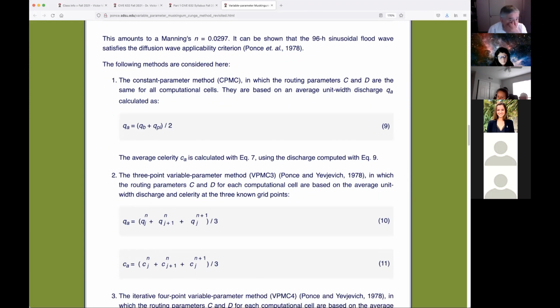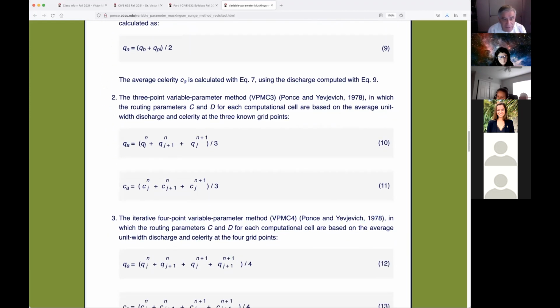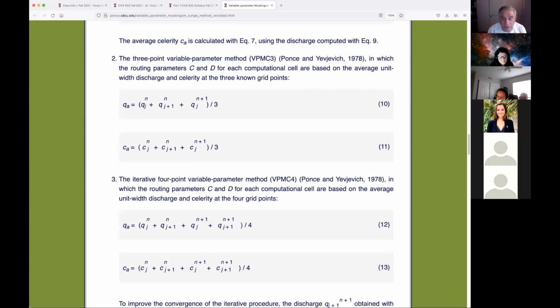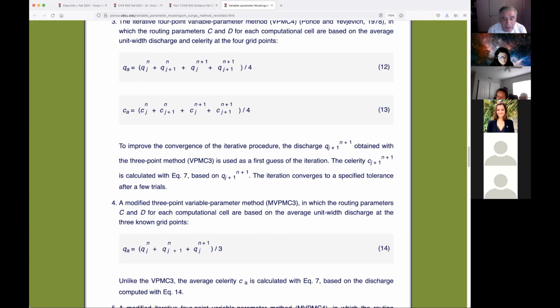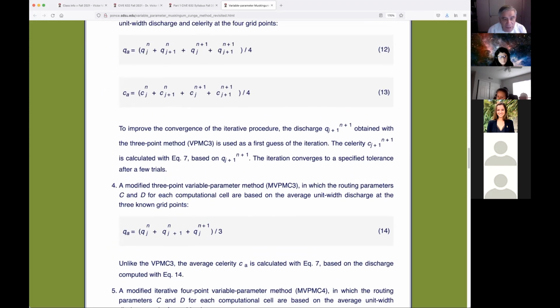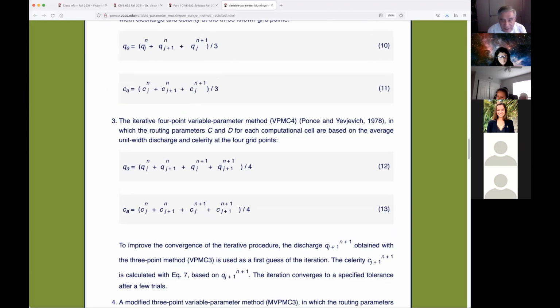So we use the following methods: the constant parameter for reference, the 3-point variable parameter, which you already established, the iterative 4-point variable parameter, and then we came up with the new methods. In the new method, the difference is that in the normal procedures, we were calculating the Q from the grid and the C from the grid. You can see that, the Q and the C from the grid.